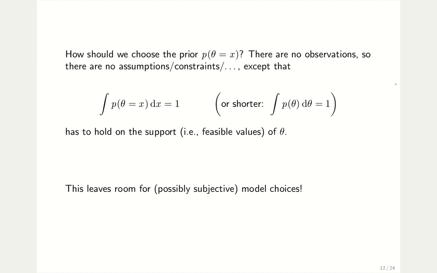And this leaves room for model assumptions because there are no prerequisites that the prior needs to fulfill, except that it needs to be a valid probability distribution, which means that it integrates to 1. And this leaves room for model choices, and these model choices can be and often are subjective. Now that doesn't sound too good in the first place, but it's actually not a problem. We just have to be aware of that.